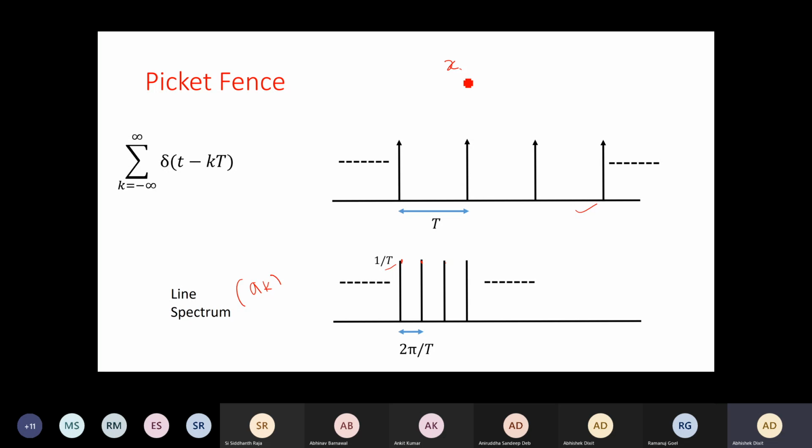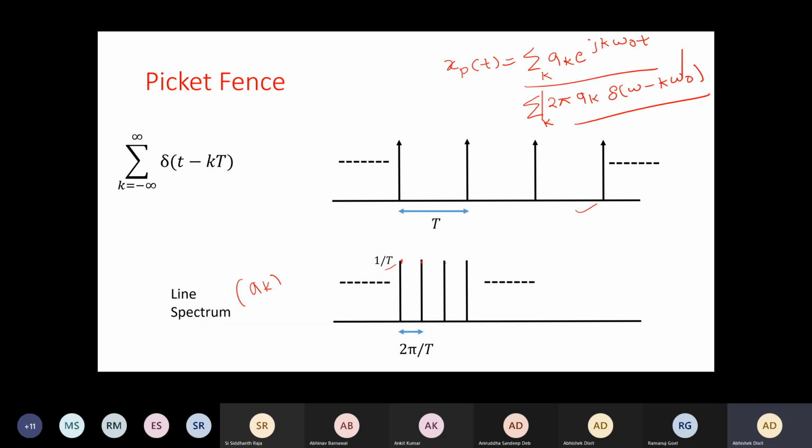Suppose my x(t) is a periodic signal, and any periodic signal I can write like this. What is the Fourier transform of this expression? You have to look at the lectures again. The Fourier transform of this expression is this.